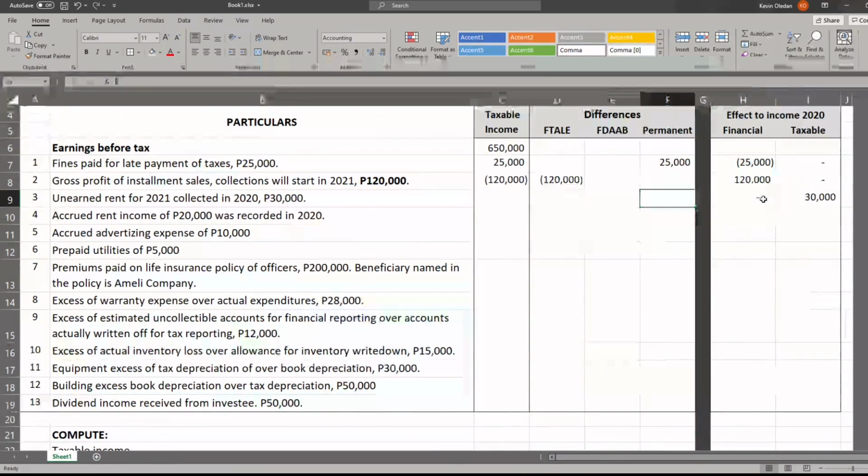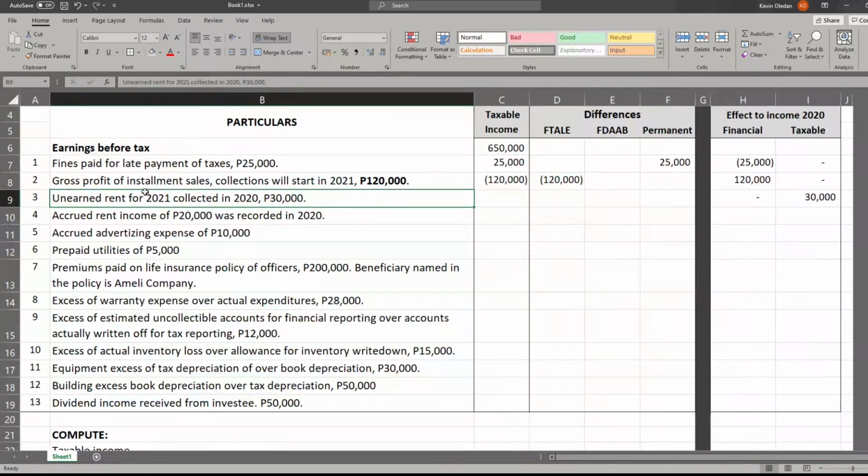This is a temporary difference kasi income siya in taxation in 2020. Pero magiging income natin siya sa financial accounting in 2021. Am I right? Kasi ma-earn natin siya in 2021.